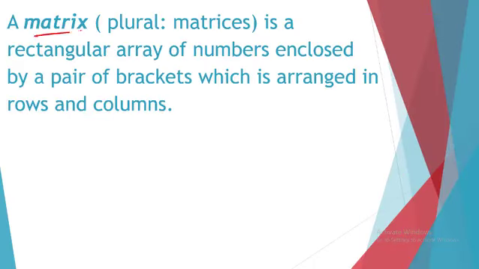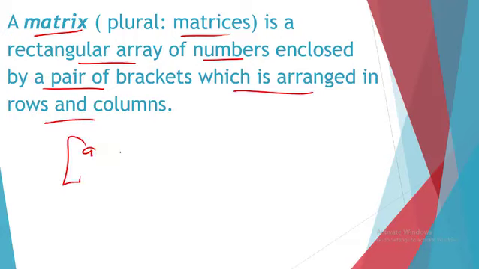A matrix, plural matrices, is a rectangular array of numbers enclosed by a pair of brackets which is arranged in rows and columns. Like we have A, B, C, D. We have something like this, and then looking at this, we call it what?